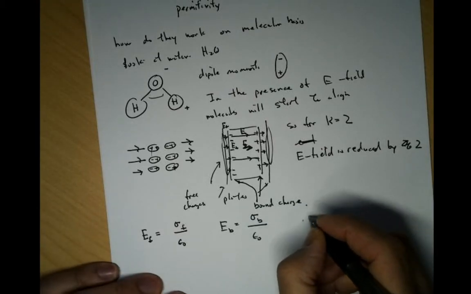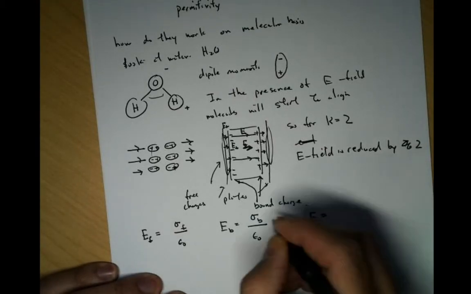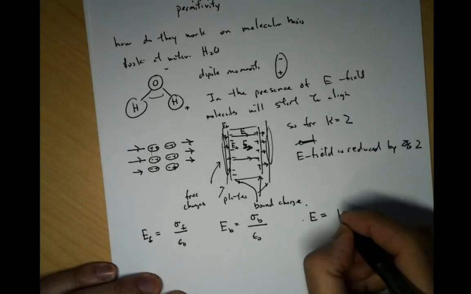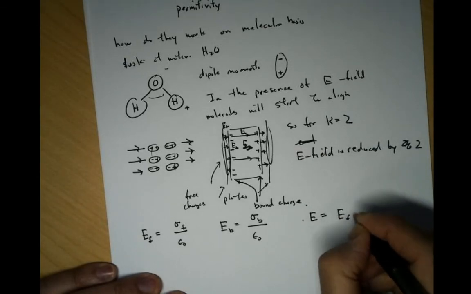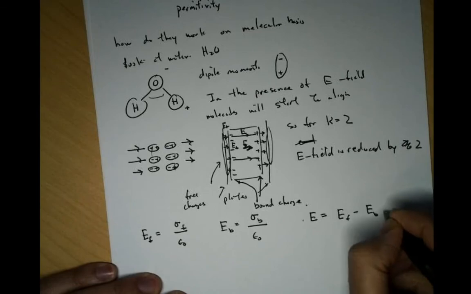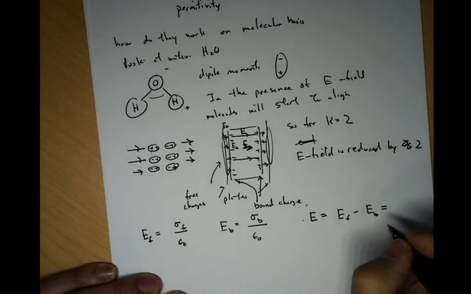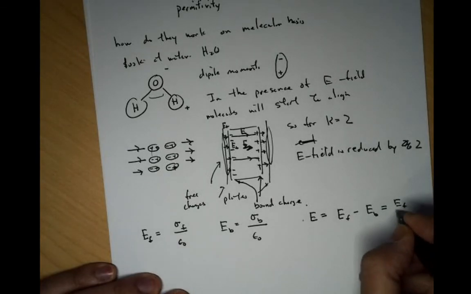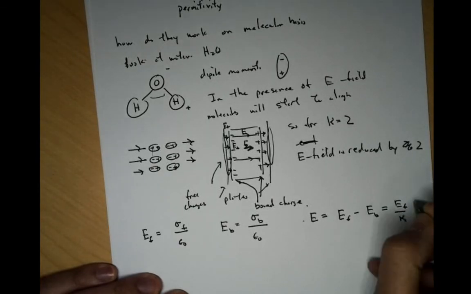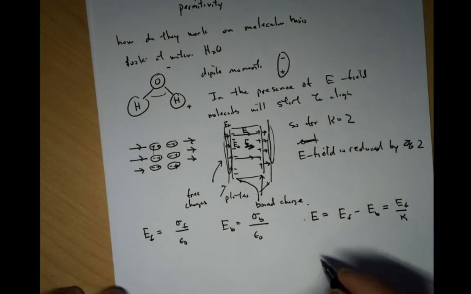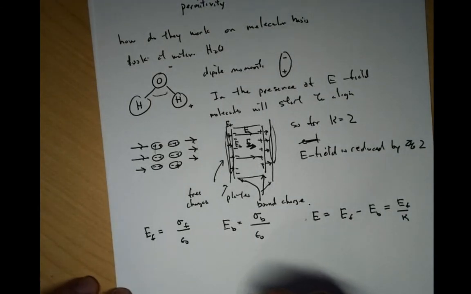And also what I know is that the E field inside is equal to the electric field of the free part minus the electric field of the bound part, and that's going to be equal to basically the electric field of the free part over kappa. That's the amount of reduction in electric field I have to have, right?